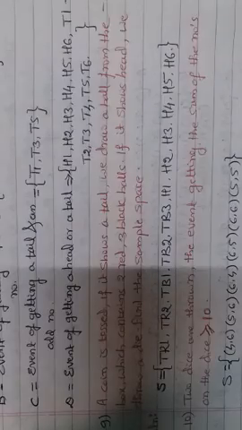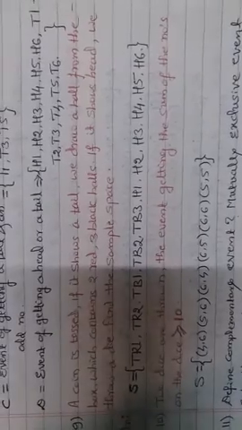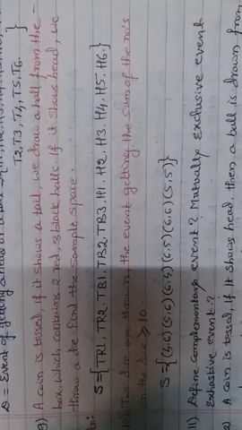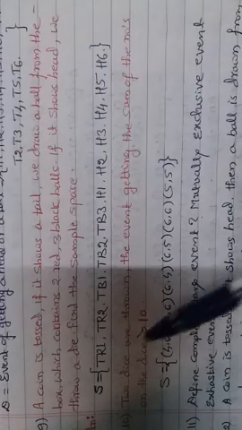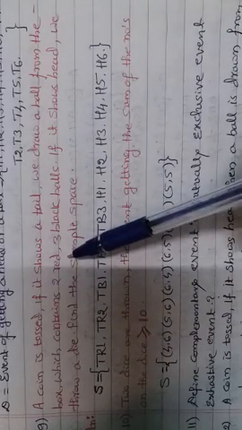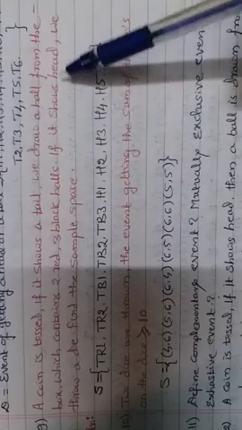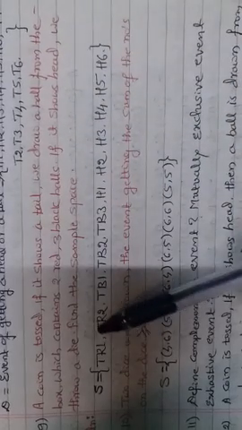Once again, you recall your memory regarding the 8th. Then the 9th question. Okay. A coin is tossed. If it shows a tail, we draw a ball from the box which contains 2 red, 3 black balls. If it shows head, we throw a die.